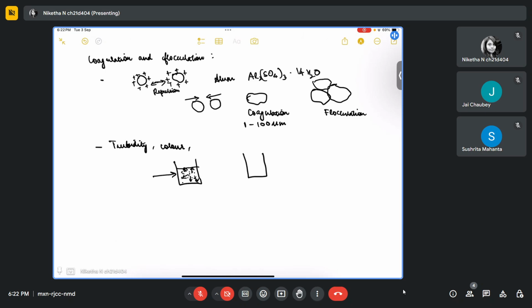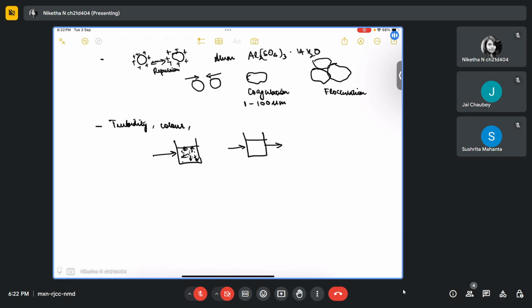When compared to a clear solution which doesn't have any turbidity, the light will just pass through and come out. But when you have a turbid solution with suspended particles, it is not possible for the light to come through in a straight beam. Instead, it will be scattered by the particles. So this scattering of light is turbidity.